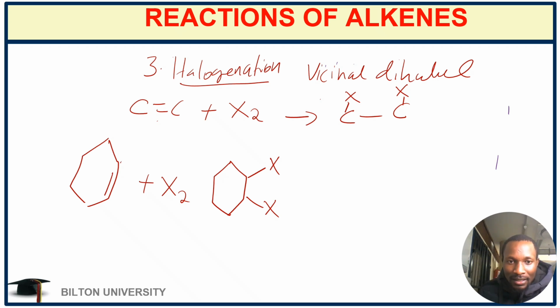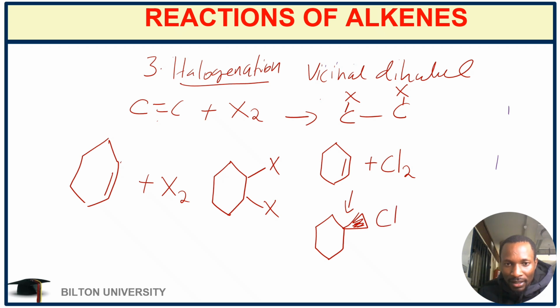So in this case, let's take a real reagent. We have a double bond, then we add chlorine. One of the products is going to form by anti-addition, so we are going to have chlorine, and in one case chlorine plus, chlorine, and chlorine.